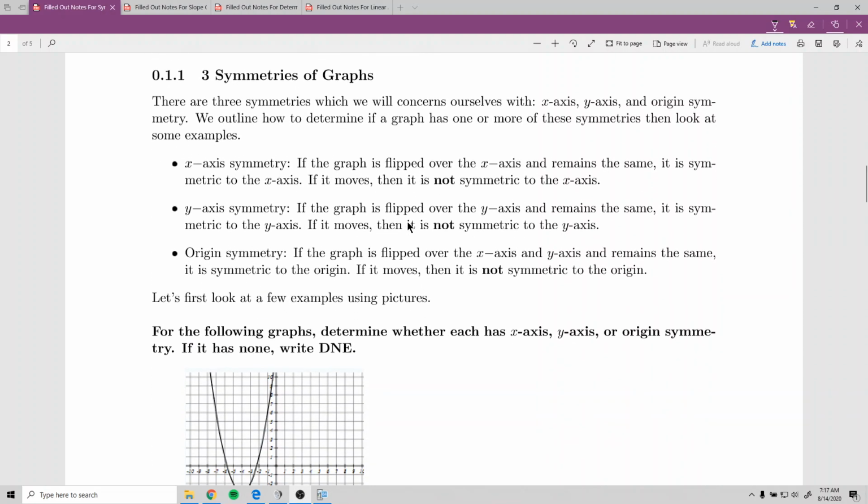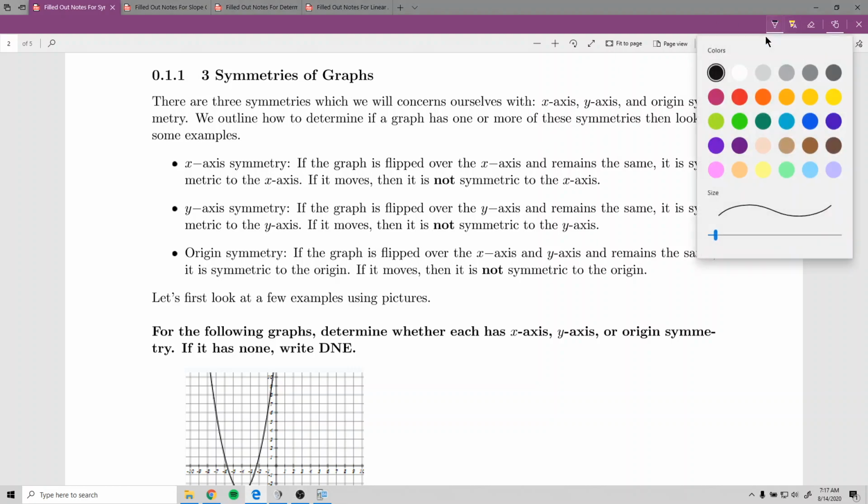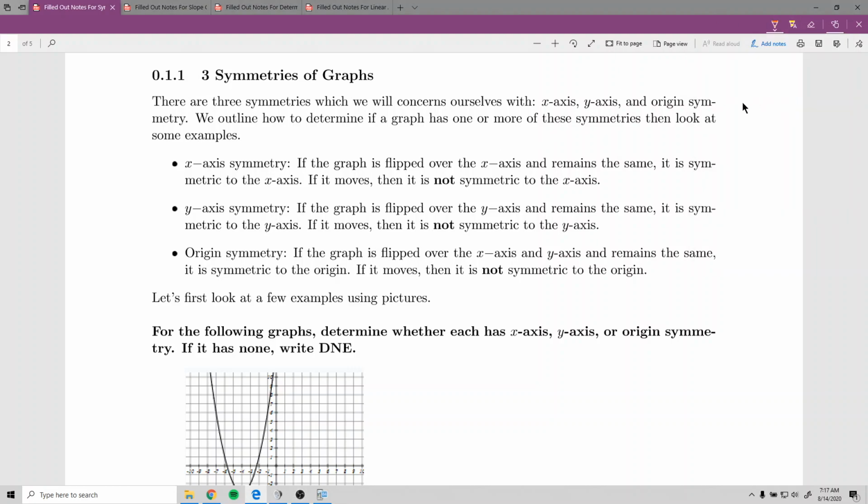All right, so we'll start with the symmetries of graphs. Usually with symmetry, once you see a couple problems, if you're not familiar with it, you probably know the idea of being symmetric, and it'll work that way. So our first symmetry is x-axis symmetry.